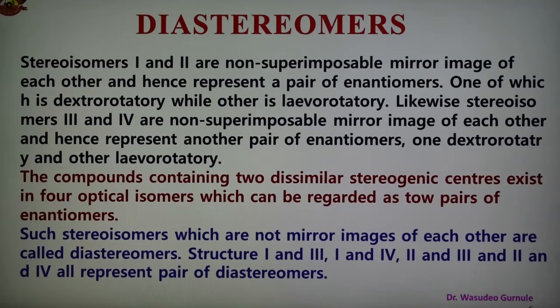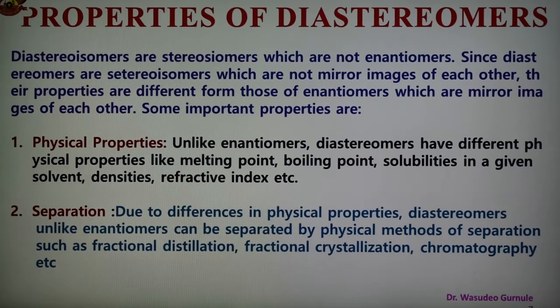So here the description is given of the different structures, 1, 2, 3, 4, of 2,3-dichloropentane. Now there are certain properties of diastereomers. Their properties are different as compared to enantiomers, which are mirror images of each other.